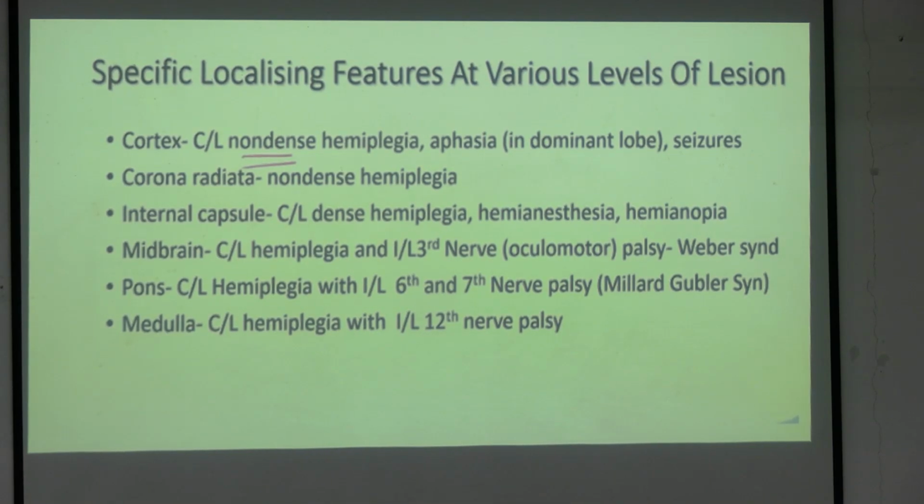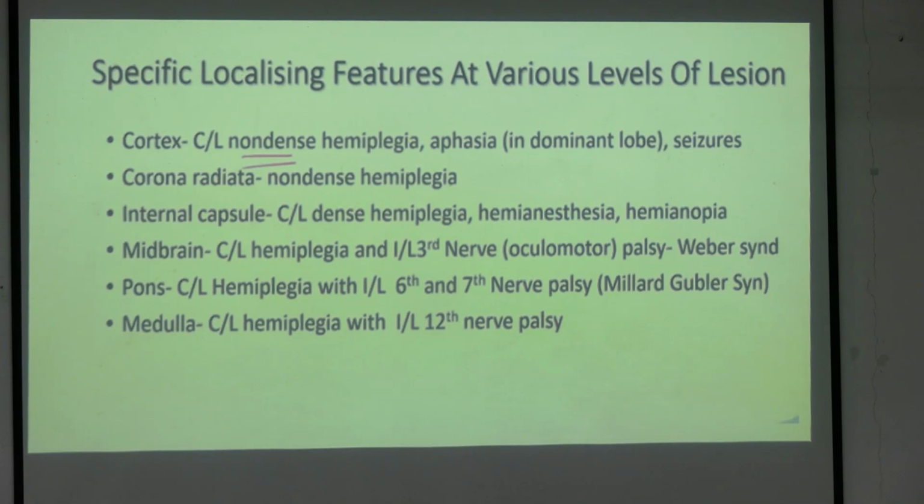Pons. The midbrain, you know, after the fibers have left the internal capsule, they come to the midbrain, and the midbrain and pons also contain cranial nerves. So, if there is involvement of the midbrain or the pons, there should be involvement of the cranial nerves also. When you find a case of hemiplegia with involvement of a cranial nerve, the site of lesion may be in the midbrain or in the pons.